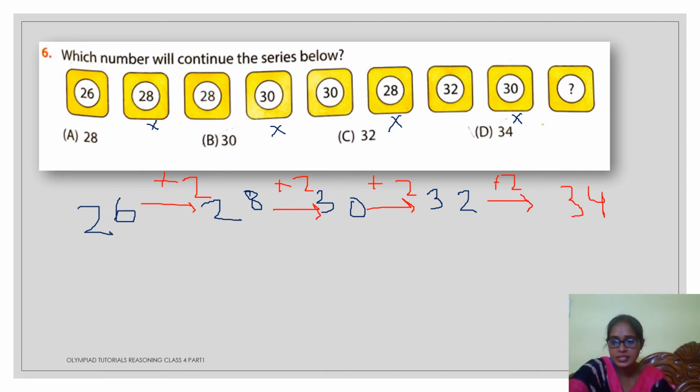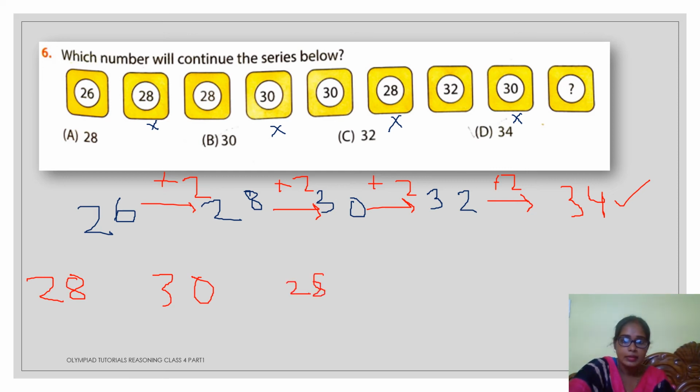This is for the first series, and now let us check for the skipped numbers. Even in that series, does this number fit or not? The numbers which we have skipped, we'll write down here: 28, then the next number 30, then again 28, next number 30.